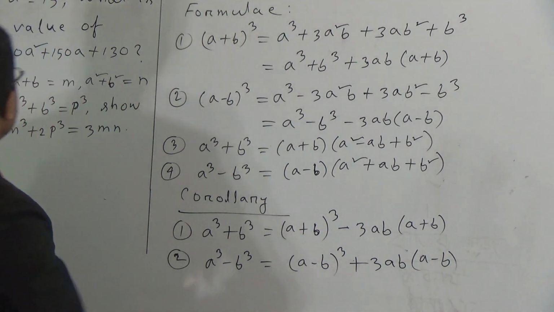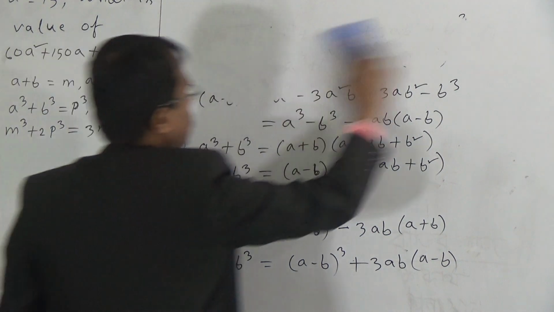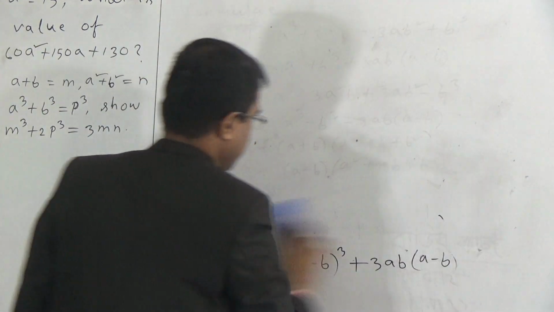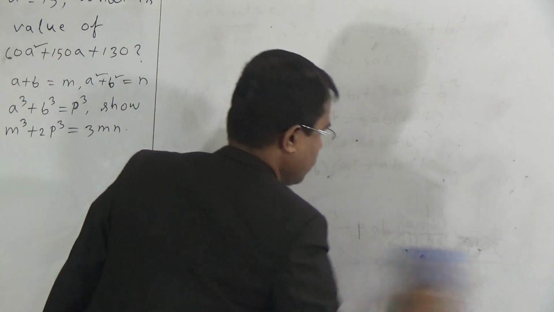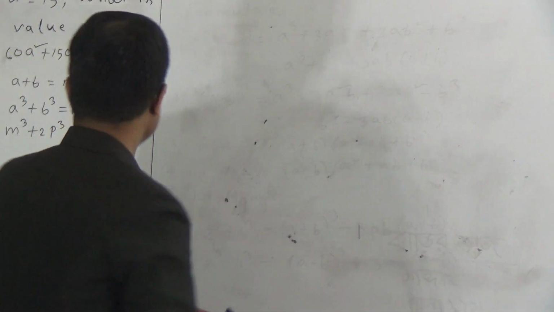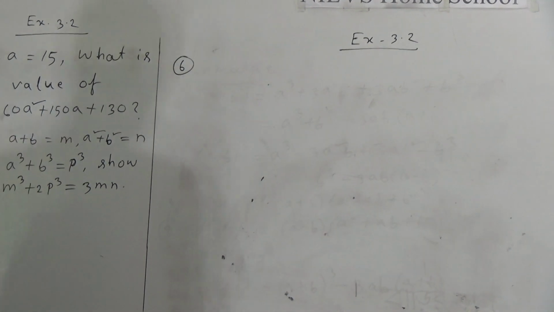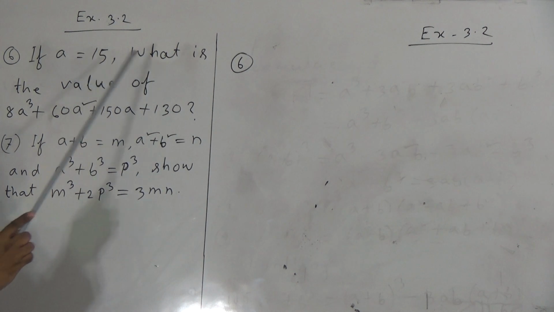Now we will solve problem number 6 and 7 from exercise 3.2. Sixth number. Here the question is: a is equal to 15.